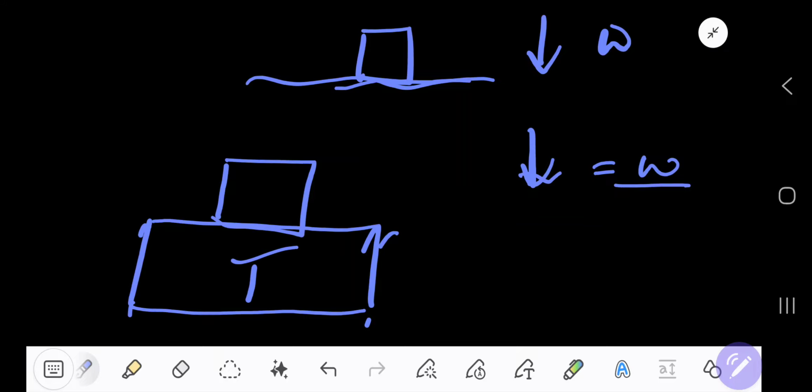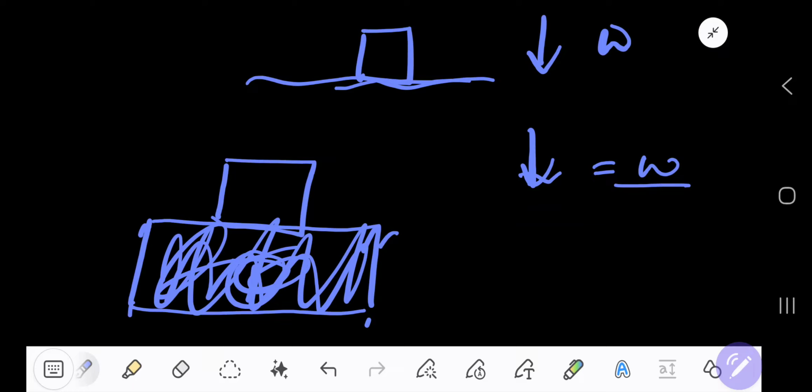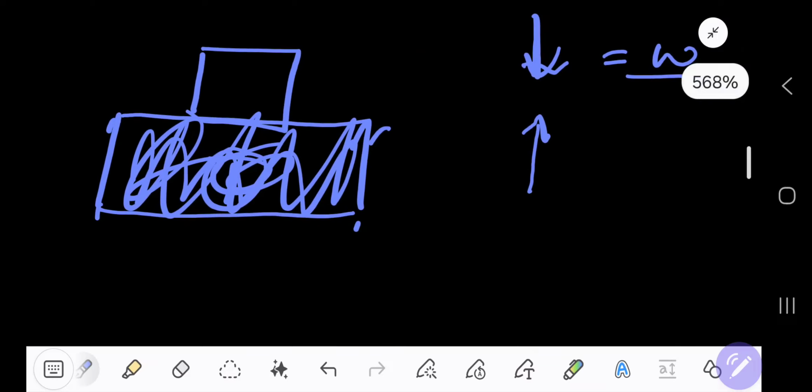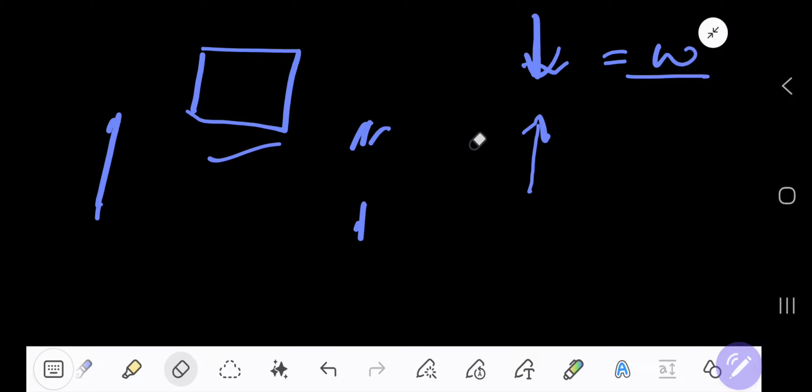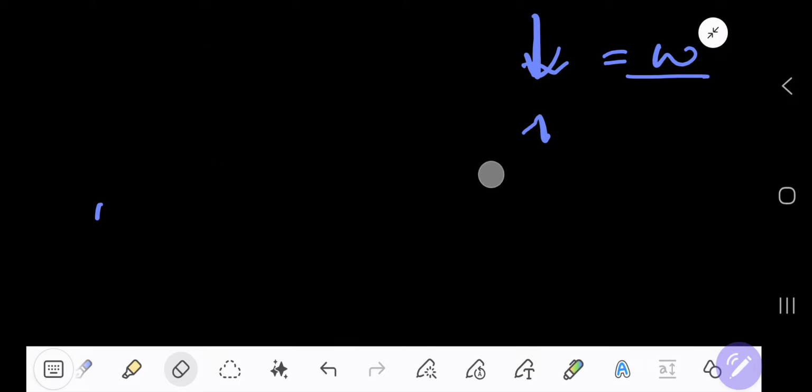Why does this happen? This happens because the table which the box is kept on exerts an equal force in the opposite direction. That's why the body stays on the table. So that's it about normal reaction force.